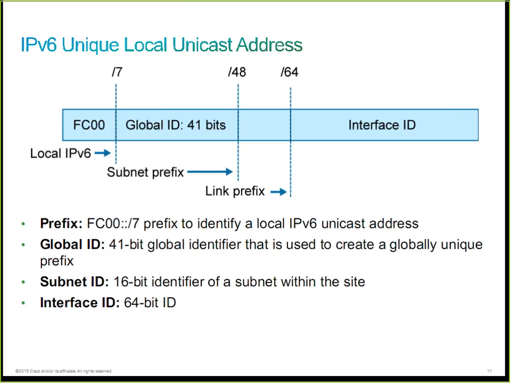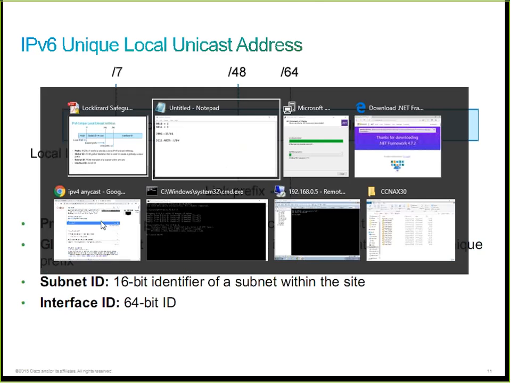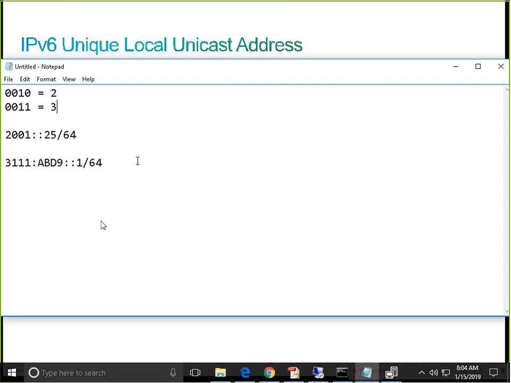But now, when I talk about this prefix of FC00/7, what it really means is the first 7 bits are reserved to be this kind of a value. Now what does that mean? It means that the first 7 bits would be like this.